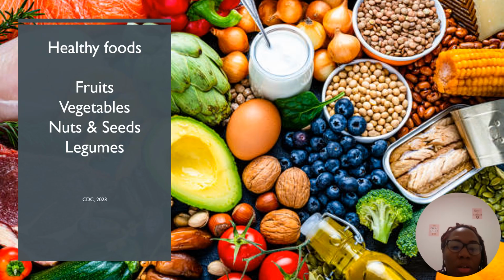Some healthy foods that could reduce or prevent obesity and that will also be beneficial to the Shadowville Health population are fruits, vegetables, nuts and seeds, and legumes.